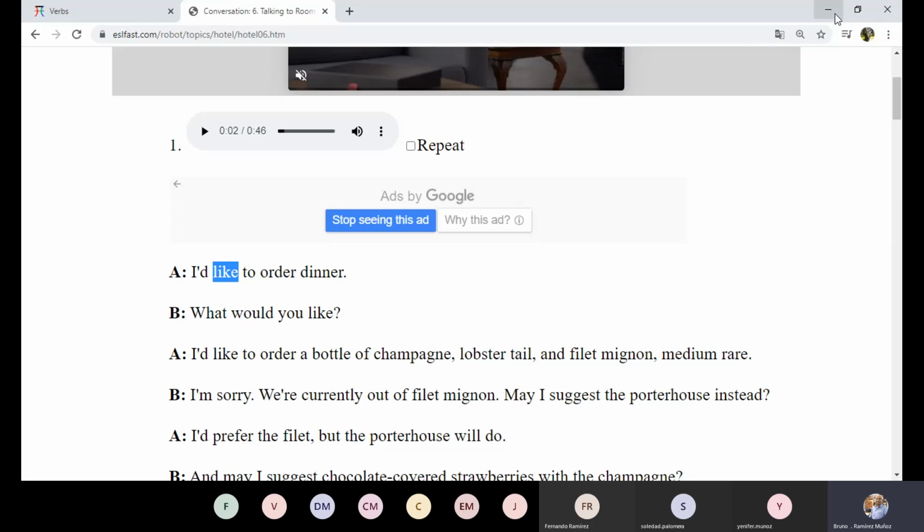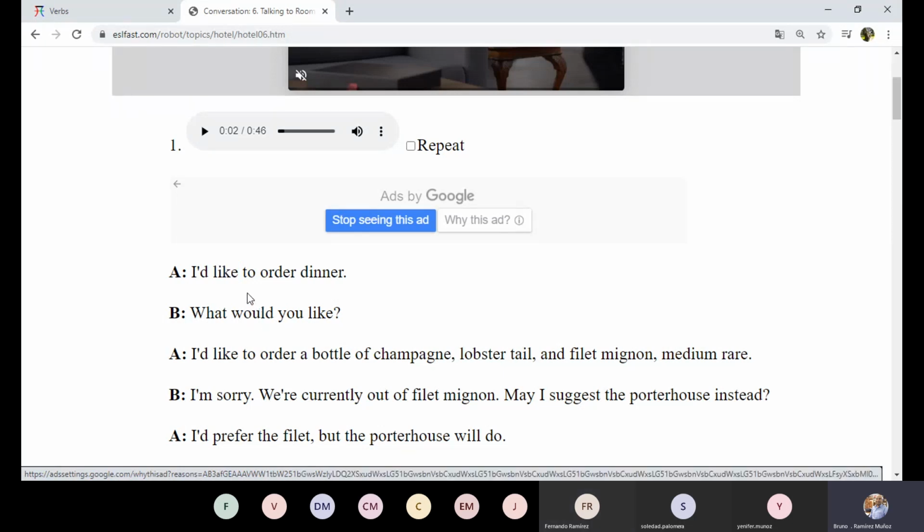Now, going back to the exercise, you said that there were two things in the statement. I'd like to order dinner, right? You said two diphthongs. What kind of diphthongs are they?